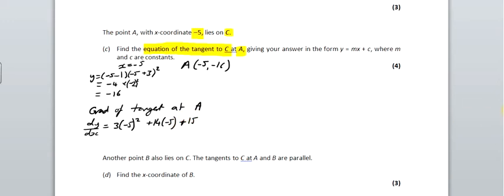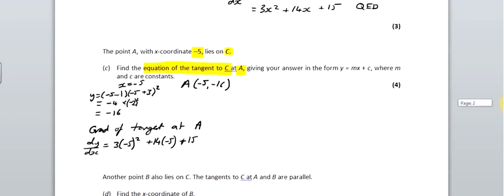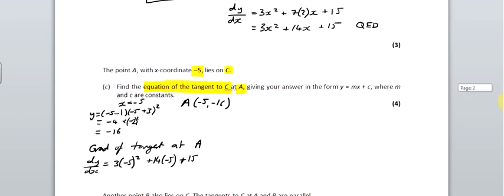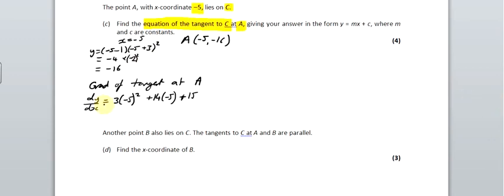So just have a little think about what we've done. We want the gradient of the tangent, and the gradient of the tangent is the same as the gradient of the curve, and this is the gradient of the curve, so all we have to do is put in our minus 5 into here, and out comes the gradient of the curve, which is the same as the gradient of the tangent. And that's what I'm doing down here. And then when we evaluate that, it turns out to be equal to 20.